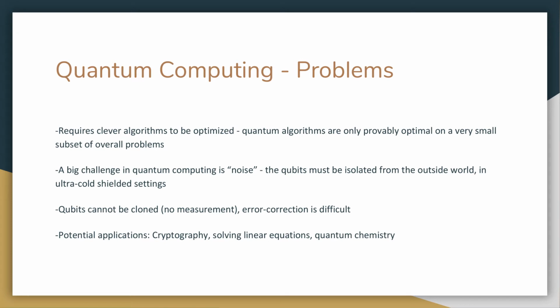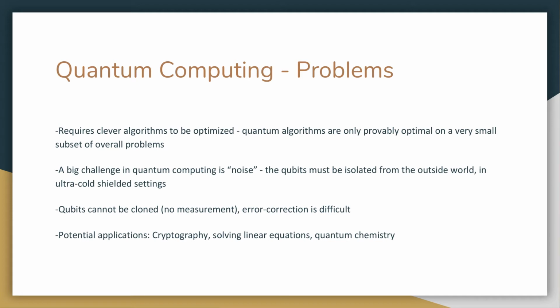In terms of the physical implementation of quantum computing, noise is a big one. In the world of quantum, a measurement isn't just a human looking at a bit. If I shoot a photon at an electron, that's measuring it. Or if an atom collides with an electron, that's measuring it, because it's altering the state and reacting to the state.